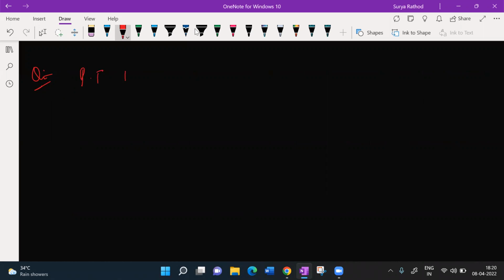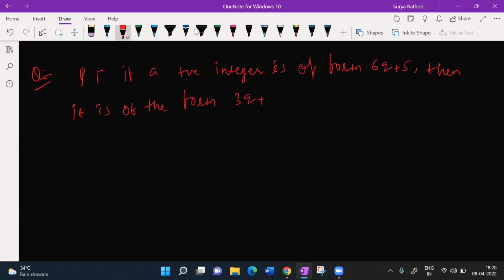Prove that if a positive integer is of the form 6q plus 5, then it is of the form 3q plus 2 for some integer q, but not conversely.